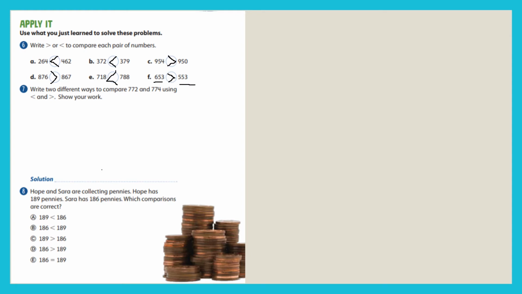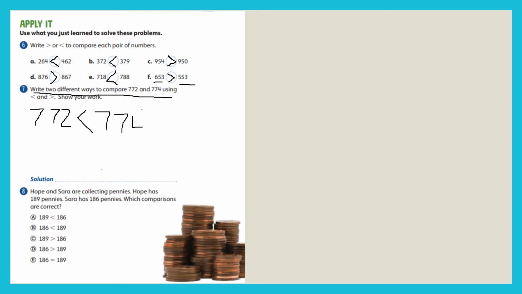It says write two different ways to compare the numbers 772 and 774 using more than and less than. Show your work. Well, there's two different numbers, 772 and 774, so I can show this two different ways. First way I can say is 772 is less than 774.